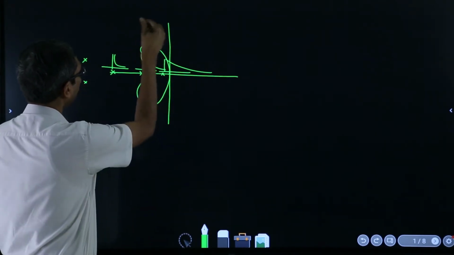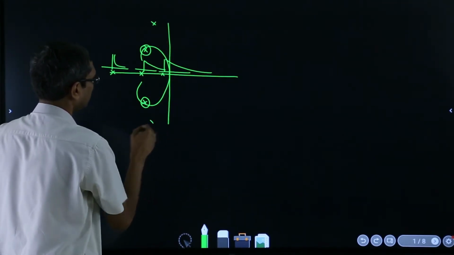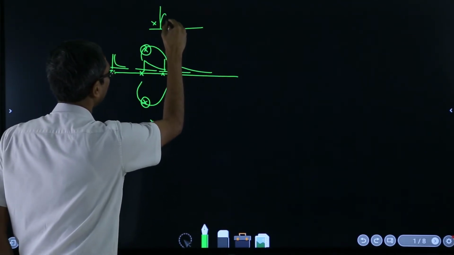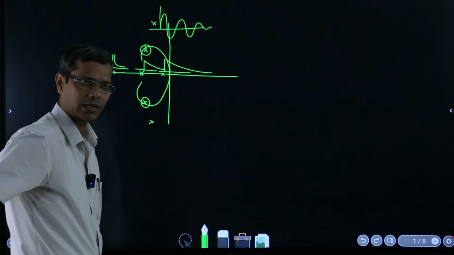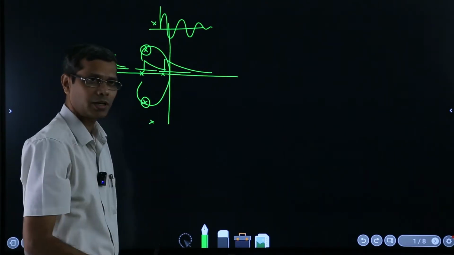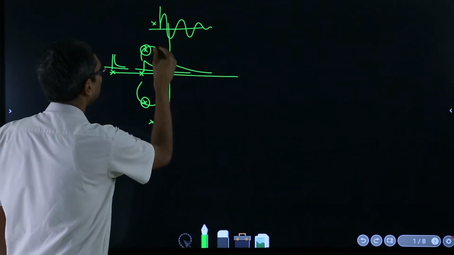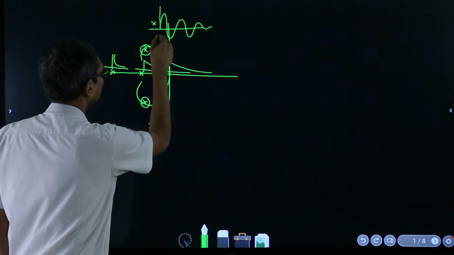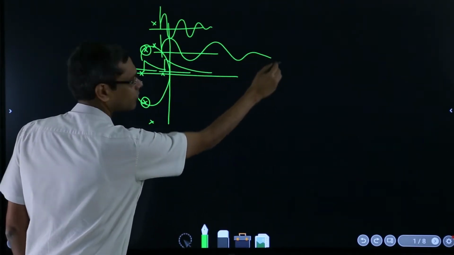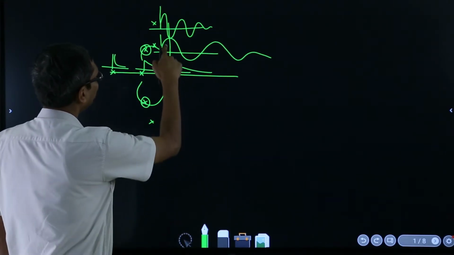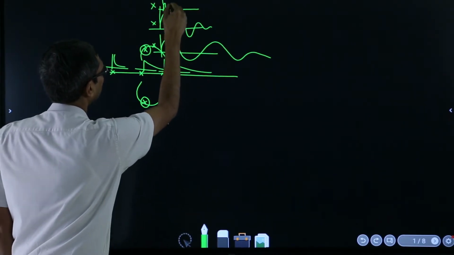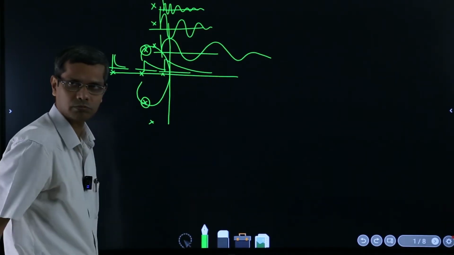Now when you come to locations like here, they mean that you have sinusoids. If you go up and up, here if I do the same thing, I'll get a picture maybe like that. But if I go up, the frequency is changing. If I go here, it will be even faster, like that.